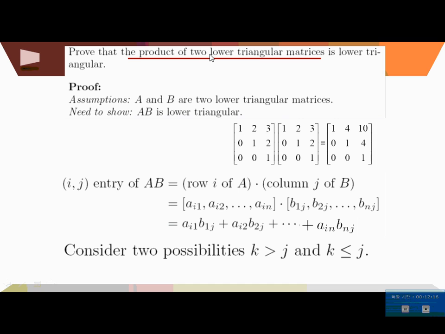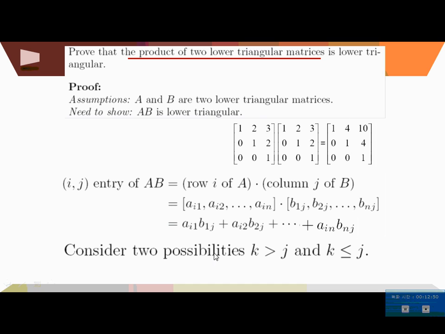Prove the product of two lower triangular matrices is a lower triangular matrix. Here we want to show AB is a lower triangular matrix. For this type of problem, I recommend you have an intuition first. Try to multiply two lower or upper triangular matrices and see what happens. From a couple of simple examples, you will see clearly how it works.